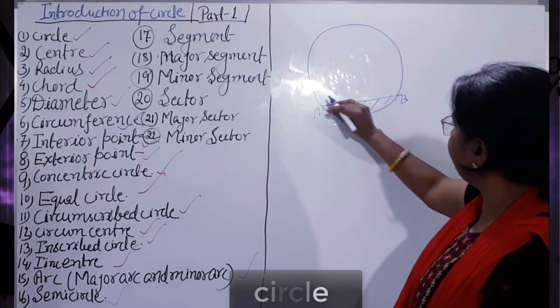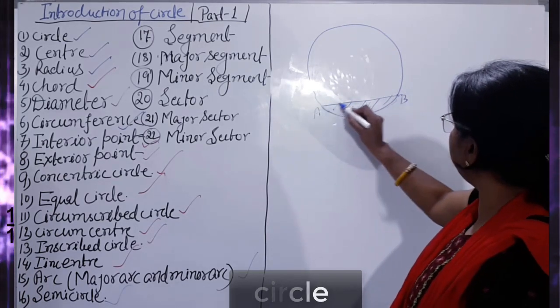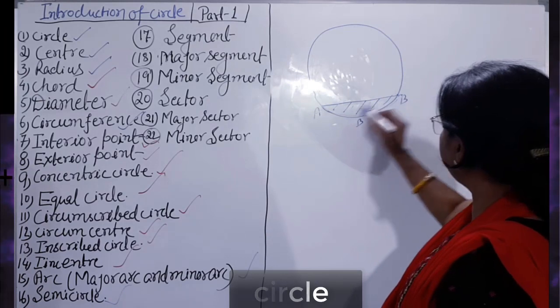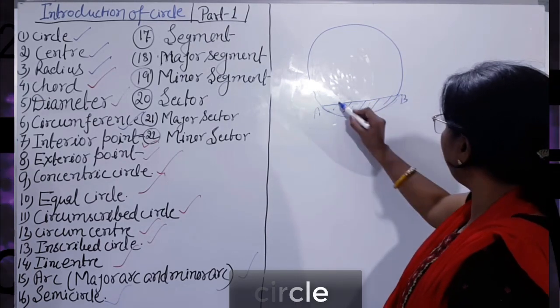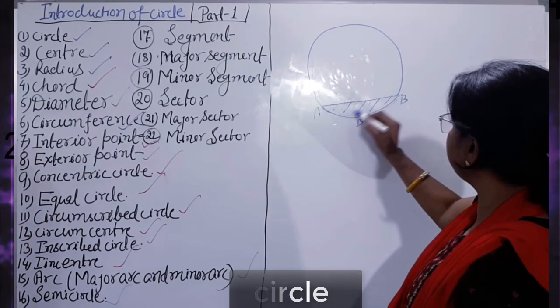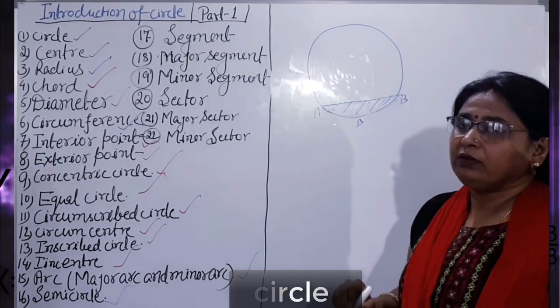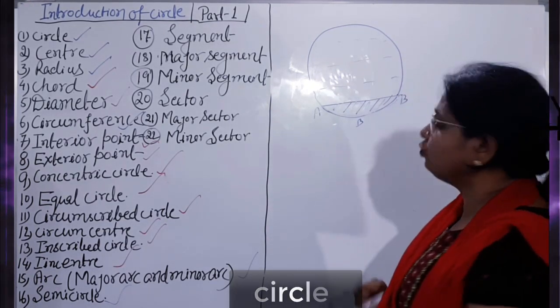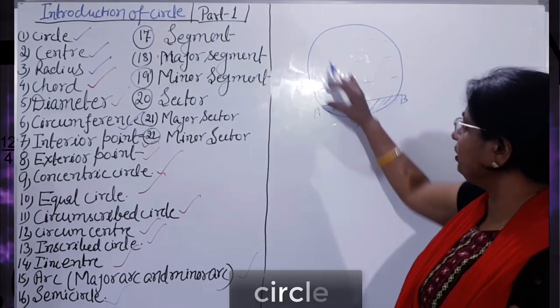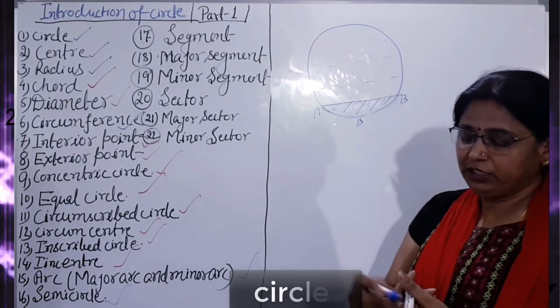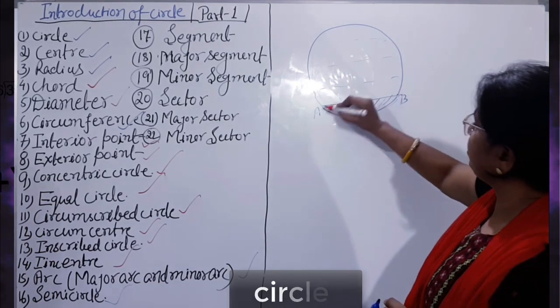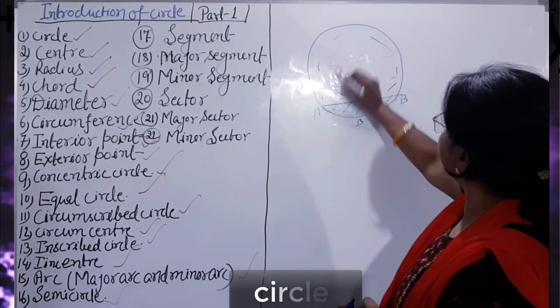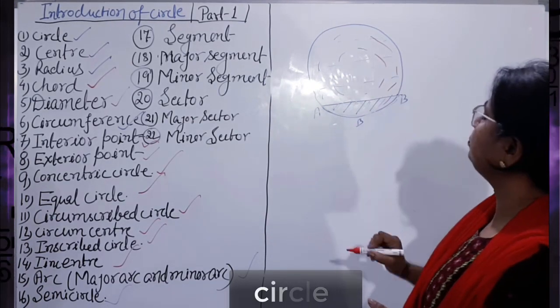The portion between the chord and arc of the circle is called a segment. We can see that the whole area of the circle is divided into two portions, this portion above and this one down.